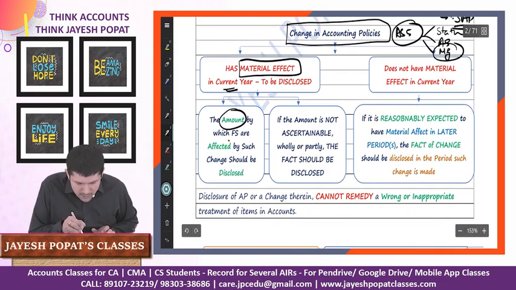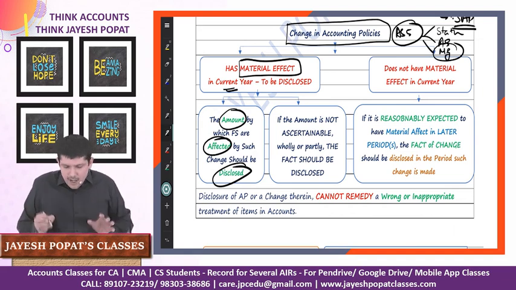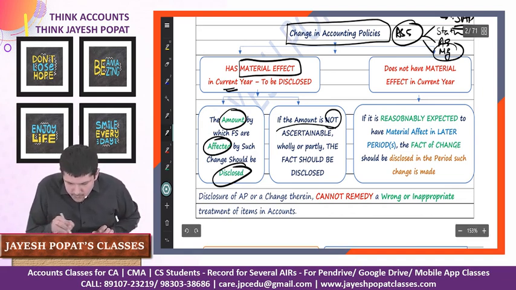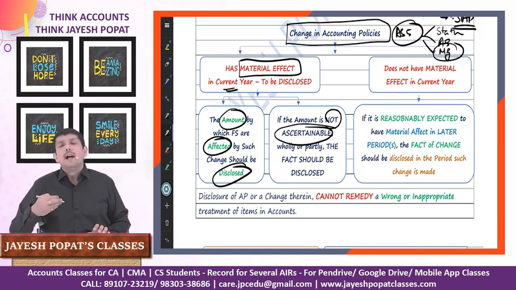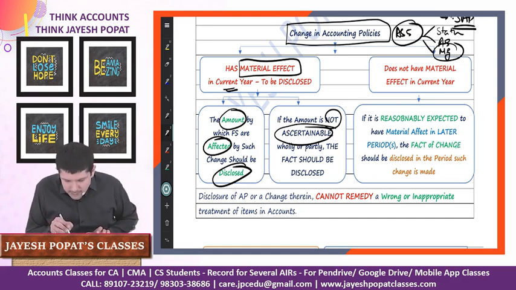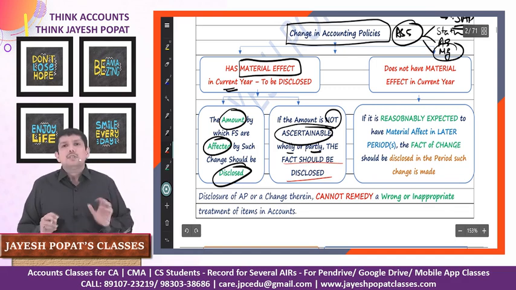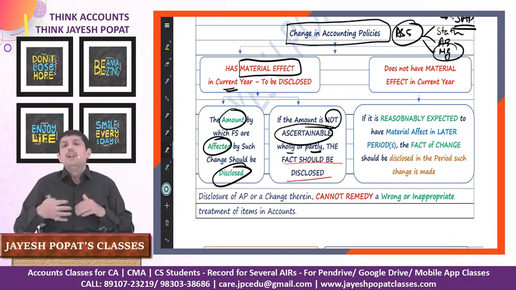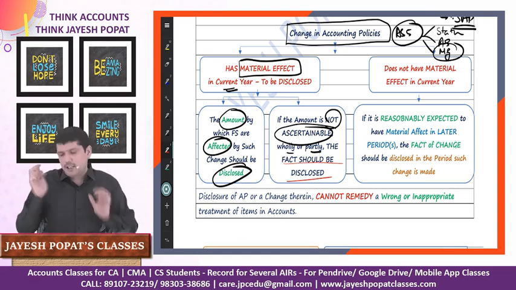The amount by which the financial statement are affected should be disclosed, and if the amount is not ascertainable, you have made a change in accounting policy but you're not able to identify by what amount your financial statement have been impacted, either wholly or in part, such fact should be disclosed, that we have made a change, but we are not able to ascertain the financial impact of such change on the financial statement.